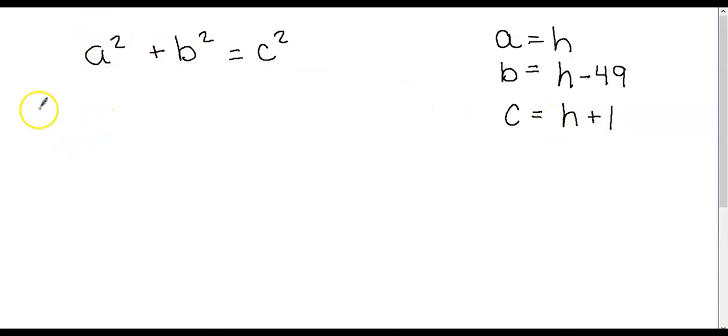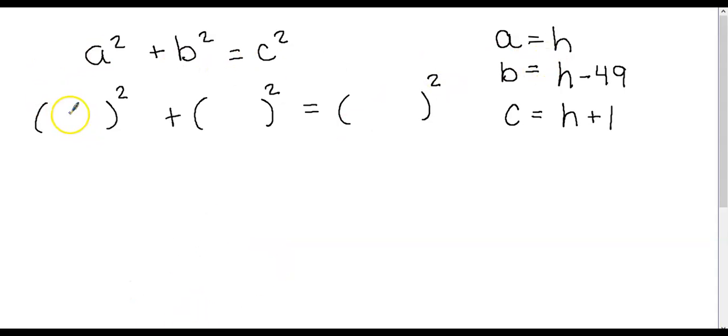Take my formula, anywhere there's letters that I will be replacing with a different value, I put empty parentheses. Make sure that power goes on the outside of the parentheses. It will change the value if you don't do it that way. So this one's A, which is H. B was H minus 49.